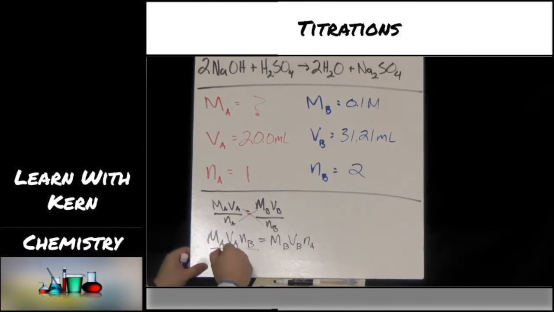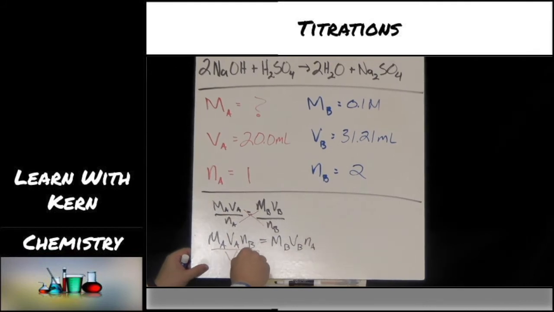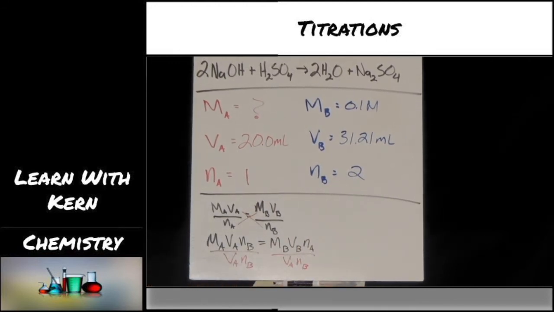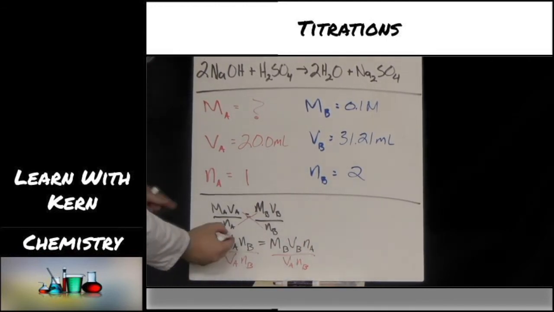We're going to have to divide by VA and NB on both sides, so that they will cancel out here.